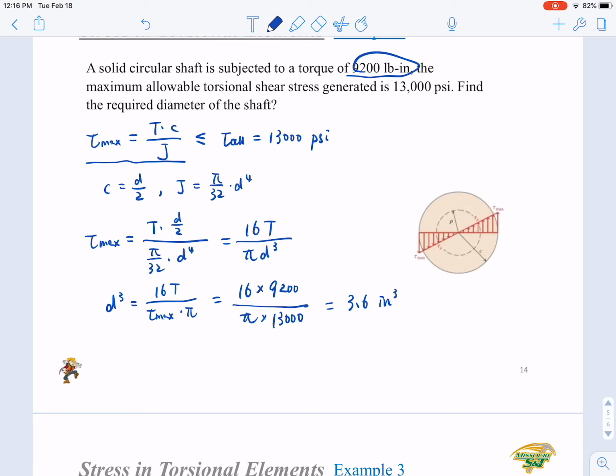Then from here you can calculate that D equals 1.42 inch. So as a design problem, since you know the allowable torque is 9,200, if you design this thing, you should make sure that the D is larger, not smaller than 1.32 inch.